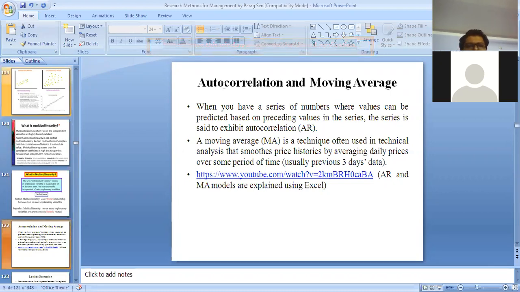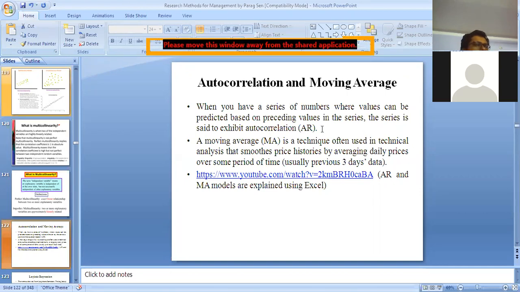So what is autocorrelation? When you have a series of numbers where values can be predicted based on the preceding values in this series, the series is said to exhibit autocorrelation. Suppose you have a time series, January data, February data, March, April, May, June, for every year.